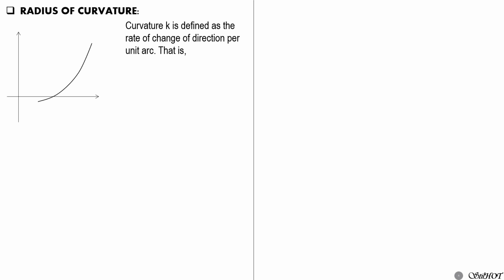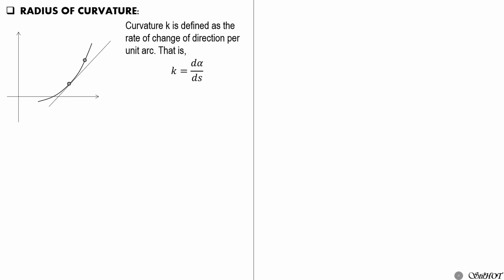So that is K = d alpha over ds. And to illustrate what radius of curvature, or curvature, is, we have here the tangent to the curve, and the tangent makes an angle of alpha with the positive x-axis. That's the point of tangency.